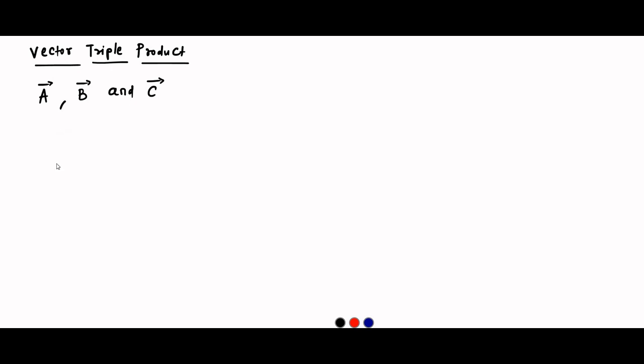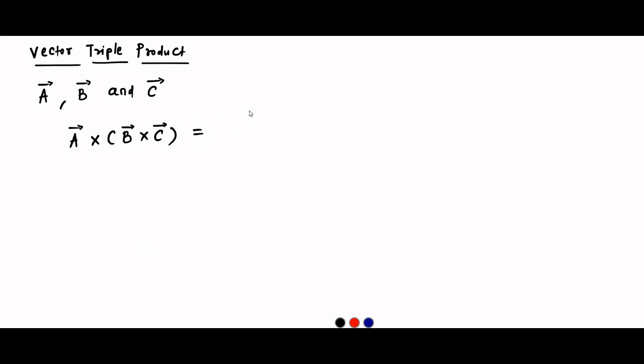This vector triple product is expressed as a vector cross b vector cross c vector in this way.